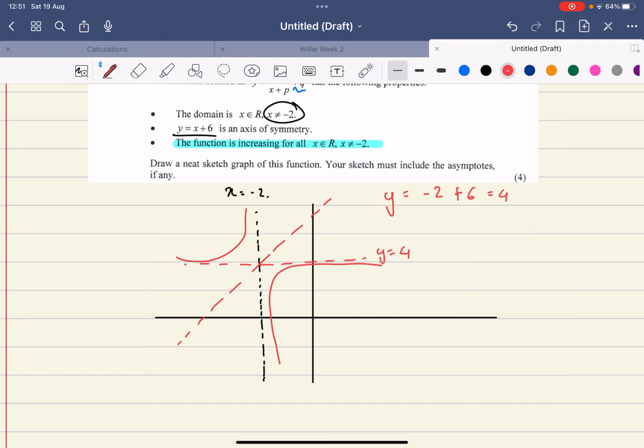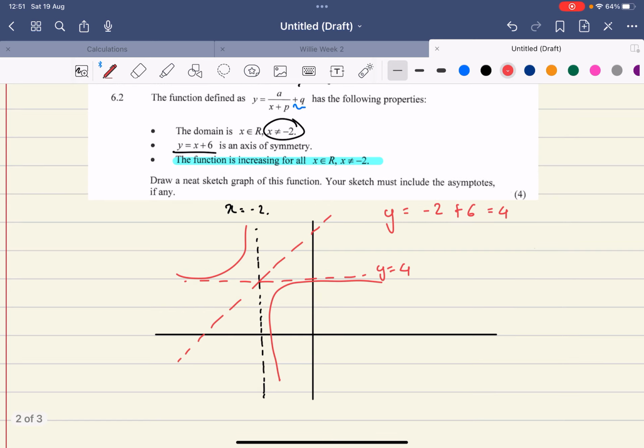Well, we know we have an axis of symmetry with x plus 6. And that means that we're going to have our hyperbola being reflected across x plus 6. And so to find the y asymptote, we simply plug in x is equal to -2 into our reflective line to find the vertical shift.